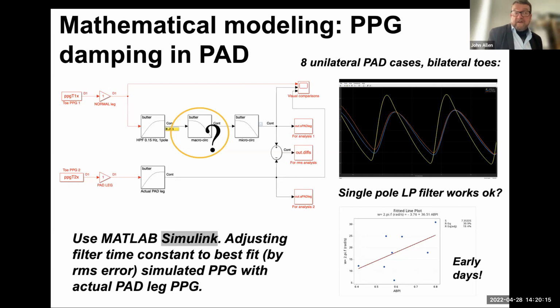Actually, we just plotted the time constant of the filter here against this, and there is a sort of general trend down. I don't think it's actually significant because we've only a small sample here. It's just a pilot, really. But it's interesting to take this forward. And this model with Simulink allows you to build in the macrocirculation and also the microcirculation, because there could be components from both of these.